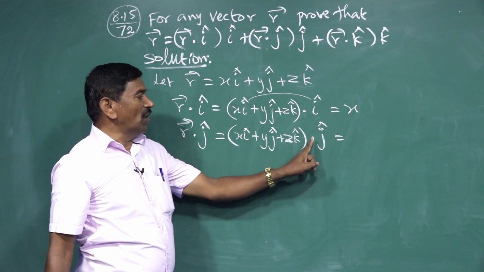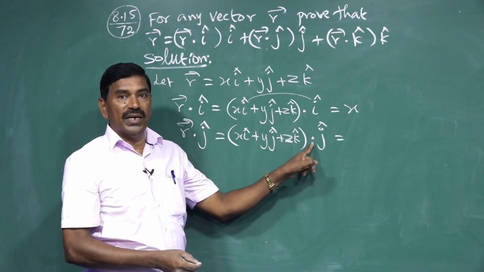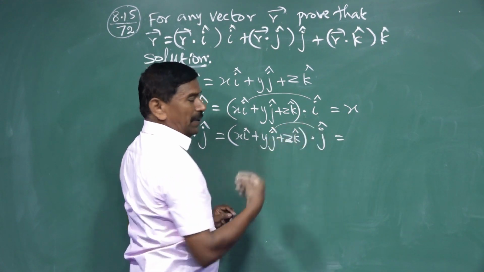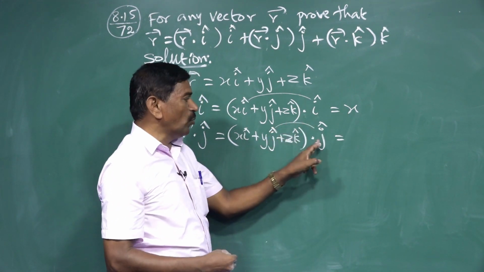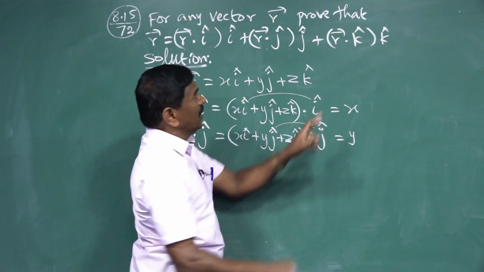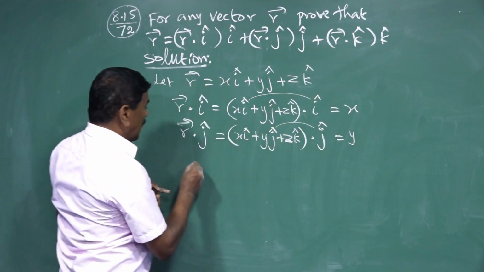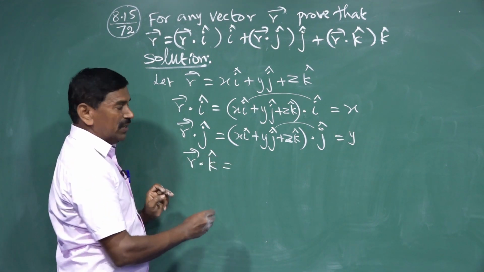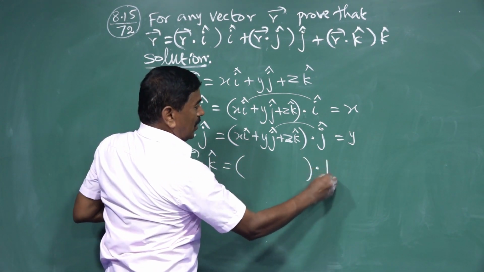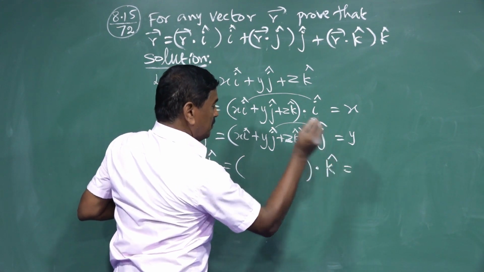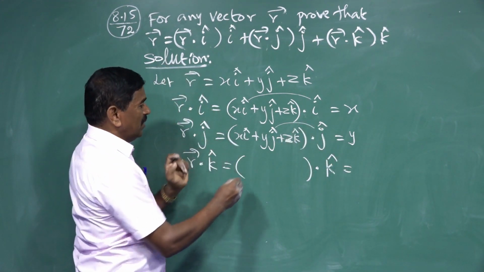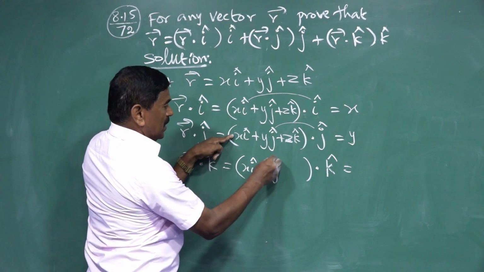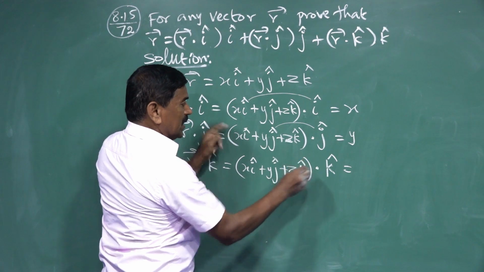Now the dot is defined between the two vectors, so it is enough to multiply itself, that is j to j. Y into 1 equal to y. Similarly, take the third mod bracket. The third mod bracket is r vector dot k cap, where r vector is equal to xi cap plus yj cap plus z k cap.